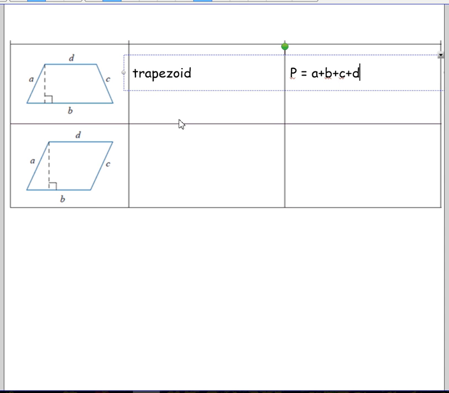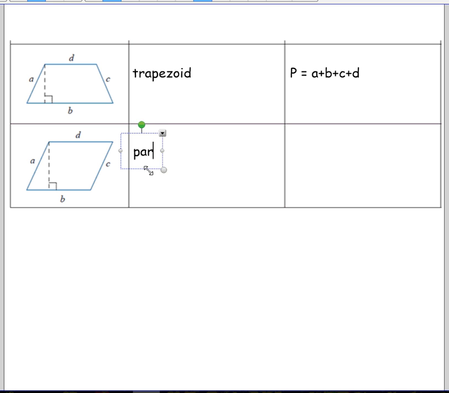And same thing here with a parallelogram. I'm not sure why they didn't give you opposite sides the same, because in a parallelogram, that is the case, that the opposite sides, in this case A and C, would be the same length, and B and D. They labeled them A and B and C and D, maybe so you're not using the rectangle formula, but it could have been done.